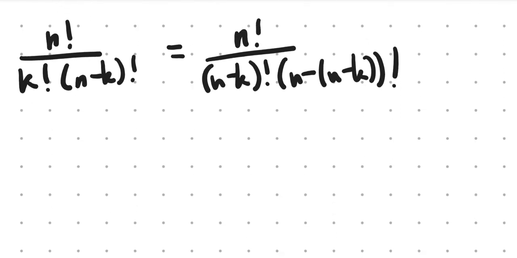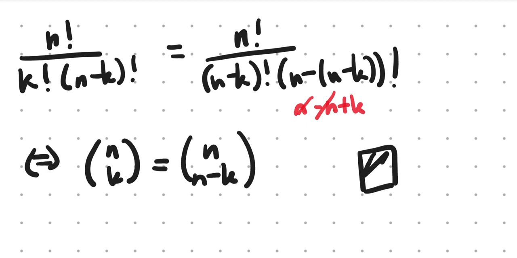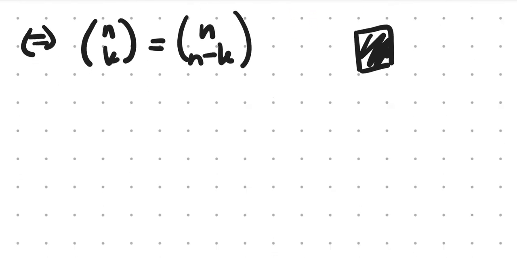Now what is n minus (n minus k)? This is obviously n minus n plus k, so the n's will cancel out and we will have the same thing. So we see that n choose k is equal to n choose n minus k. Okay, that is actually pretty obvious.